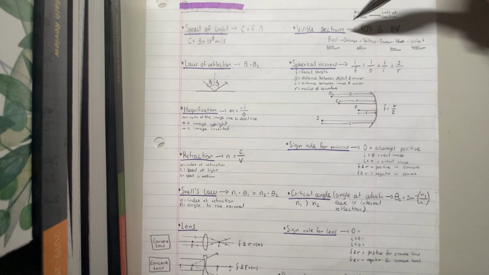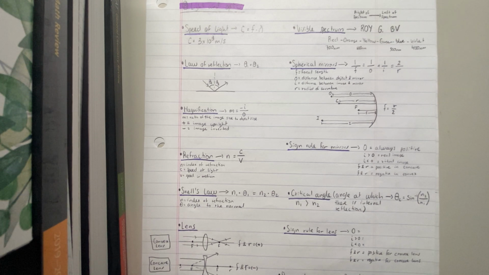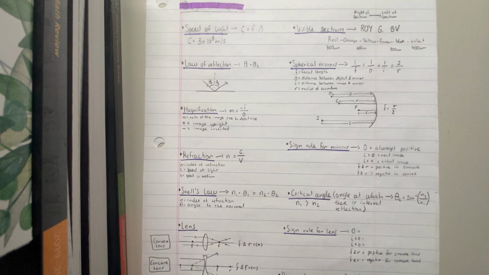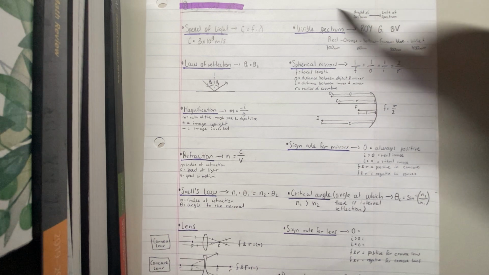Here we have the visible spectrum. This is not an equation, but it is heavily tested, and it's good to remember the order and the approximate wavelength of each of the visible lights in the visible spectrum. What I like to use is Roy G. Biv, which stands for red, orange, yellow, green, blue, violet. This is in the opposite direction of the spectrum, so R should be on the right and V on the left.